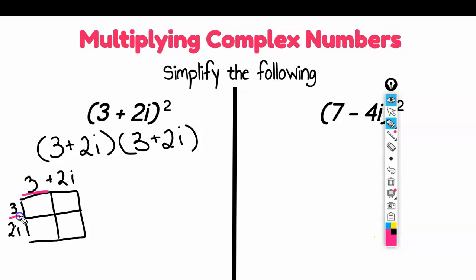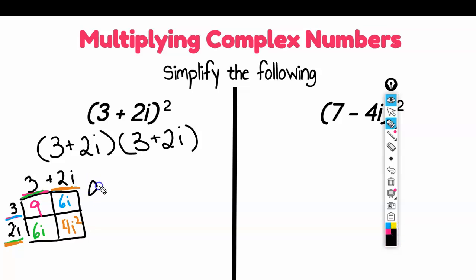So I've got 3 times 3, that is 9. I've got 2i times 3, which is 6i. 2i times 3, which is 6i. And then I have 2i times 2i, which is 4i squared.